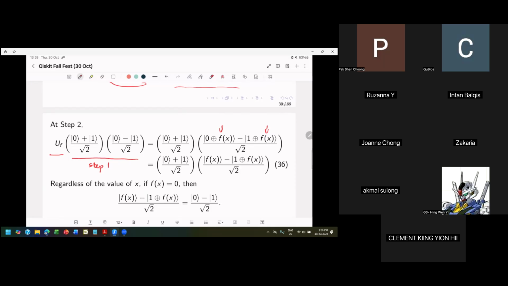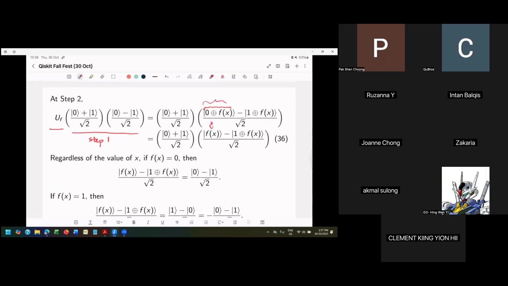Already here we can make use of our first result that we derived just now. What is this? This is just fx, right? We cannot really simplify 1 plus fx for now, so we leave it there. You can see we simplify this first part into fx. So that will be equation 36.